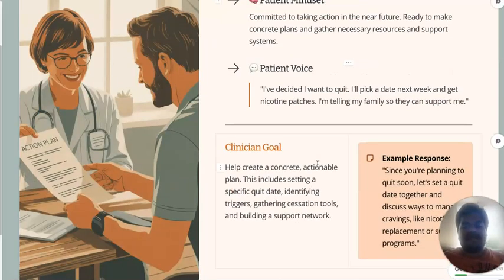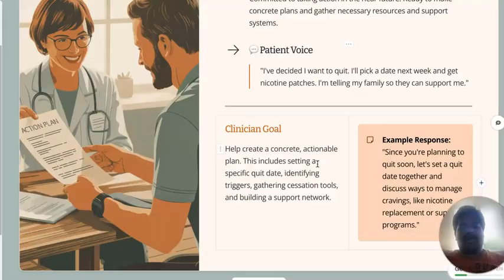As a clinician, your goal must be to help create a concrete, actionable plan. You can help the patient set a specific quit date, like your birthday, your child's birthday, or your anniversary. This can be a very good time to quit smoking, so that it inspires and motivates him to continue.